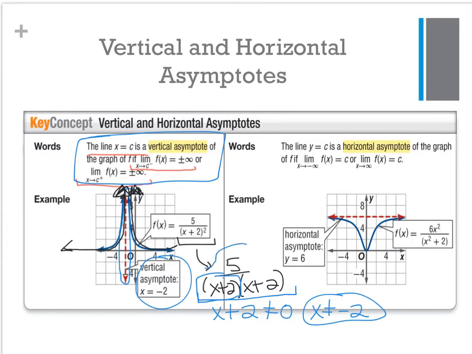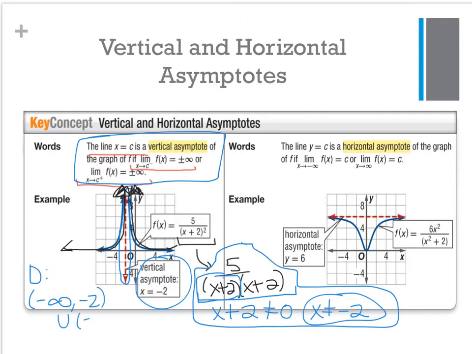Algebraically speaking, we can find a vertical asymptote when a factor of our denominator produces a 0, in which case that x value has to be restricted from our domain. So if I were to write the domain for this function, just to tie this to some things that we've already talked about, this is -infinity to -2, union -2 to infinity.